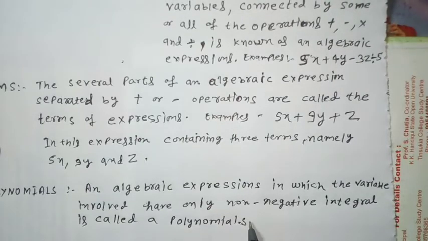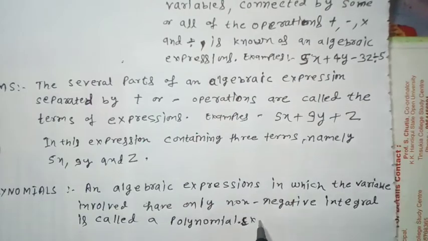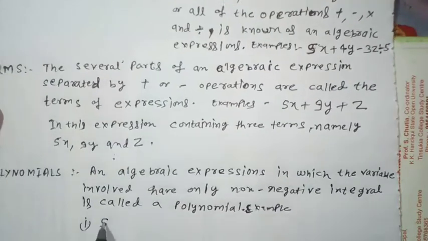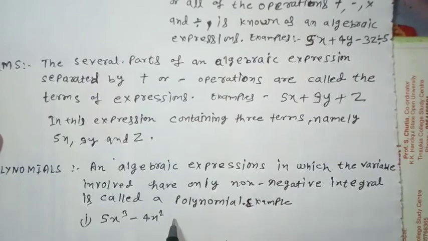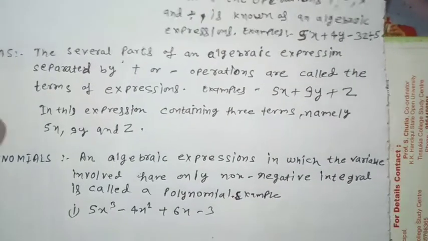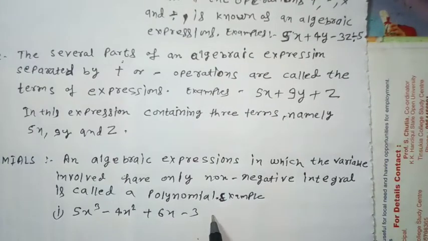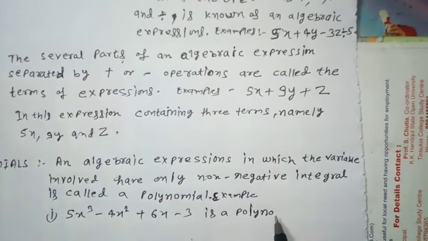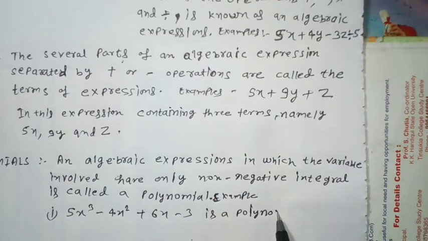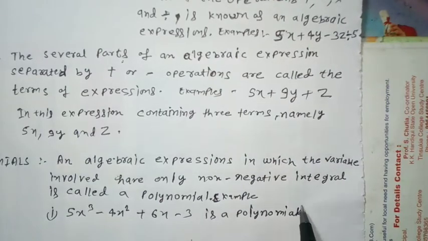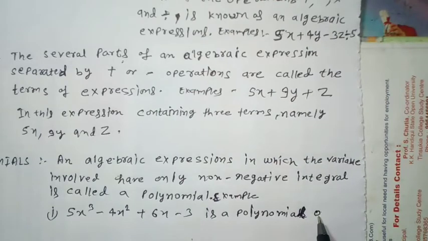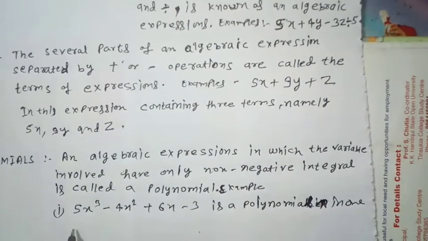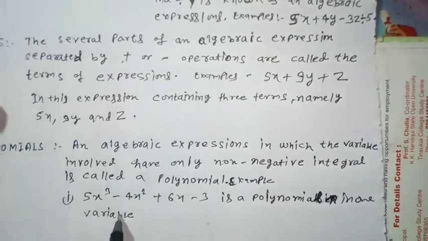Polynomial. Okay, example, 5x cube minus 4x square plus 6x minus 3 is a polynomial in one variable x.